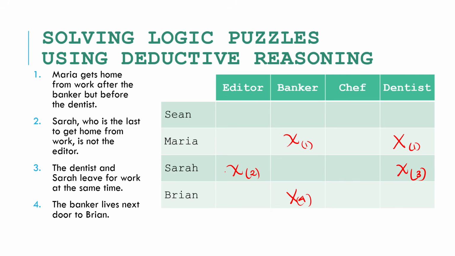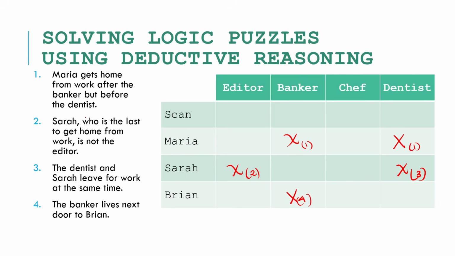So, what are the other 2 occupations that Sarah could possibly be? Banker and chef, right? Banker and chef. But look here. Look here in clue number 1. It says that Maria gets home from work after the banker. So meaning to say banker is not the last to get home from work because Maria gets home after the banker.